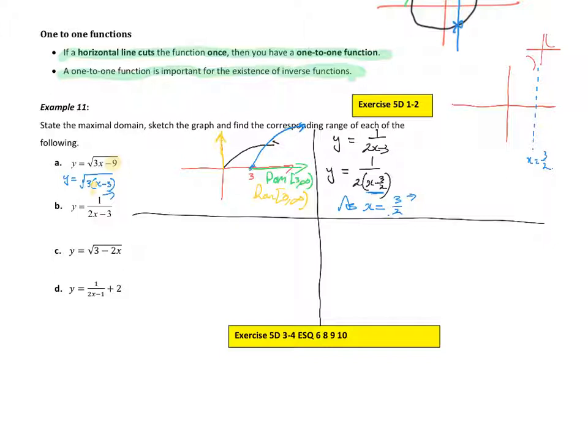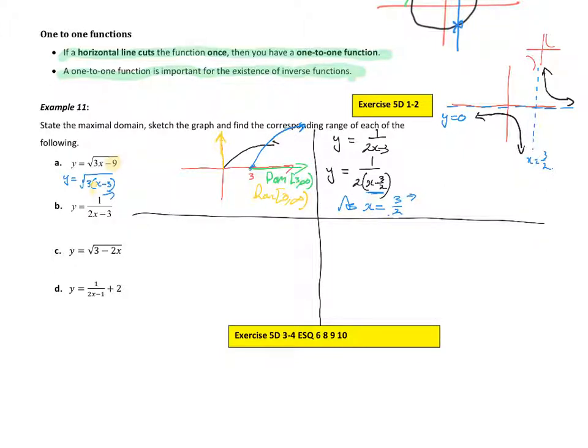Then the horizontal, actually we should put the horizontal asymptote in, shouldn't we? The graph hasn't moved up or down at all. So let's get y equal to 0 in there. My graph hasn't moved up or down at all, which means I'm in the top right and the bottom left.